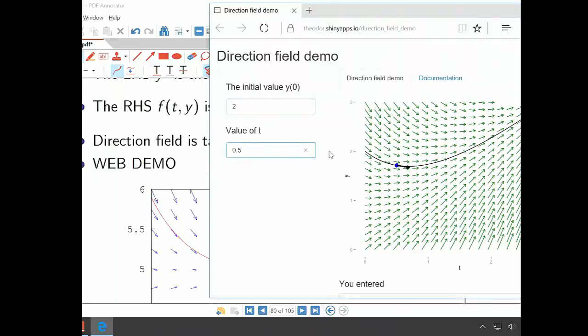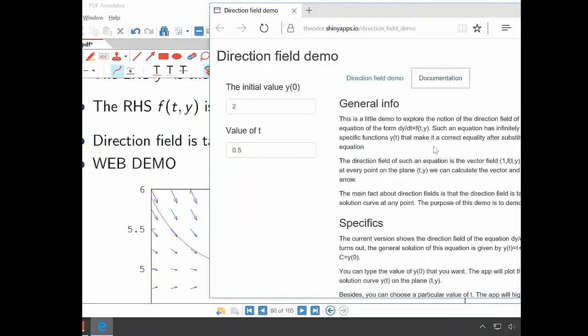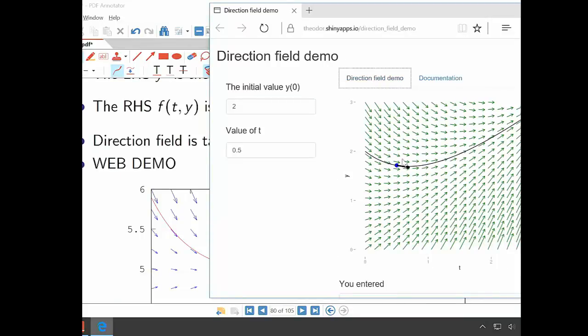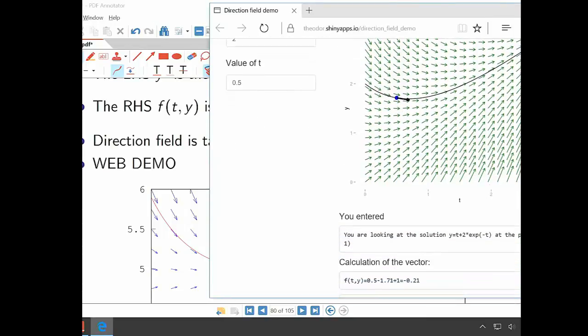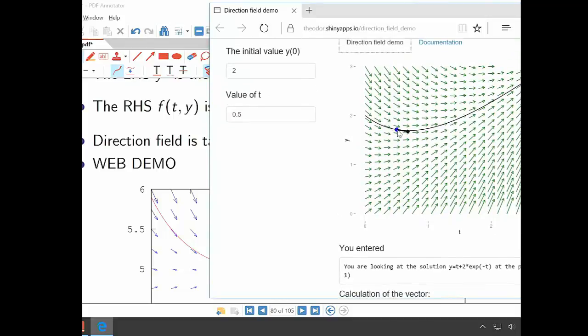Right, so it means that this system plots the differential equation. Here is the differential equation: dy dt equals t minus y plus 1. It means that our solution passes through the point where t is 1/2 and y is 1.7. So this blue point is (1/2, 1.7).